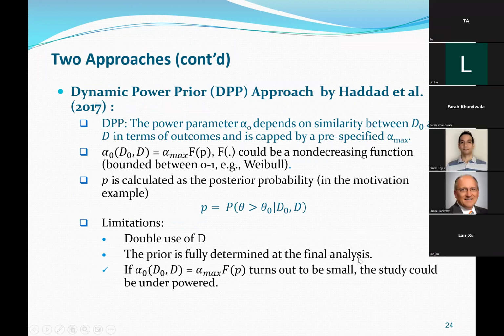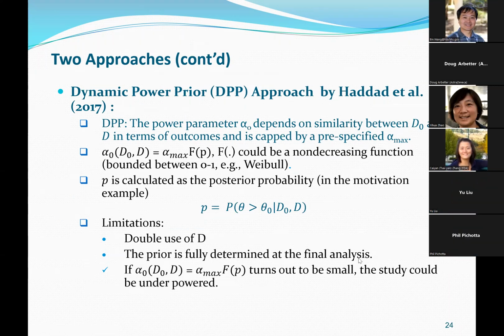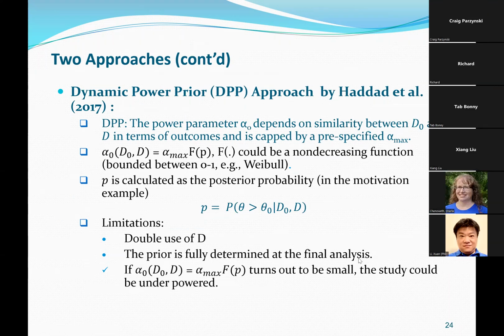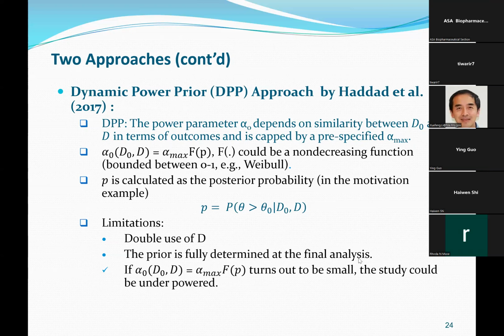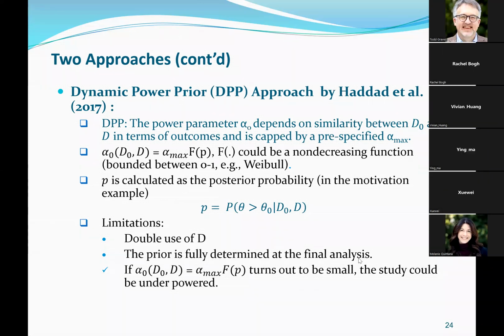So let me just briefly review Haddad's paper. It's called the Dynamic Power Prior approach, DPP. This alpha zero power parameter depends on similarity, using hypothesis testing to derive the p-value between D0 and D. D0 is the prior data, D is the whole current data set, in terms of the clinical outcome of your interest.